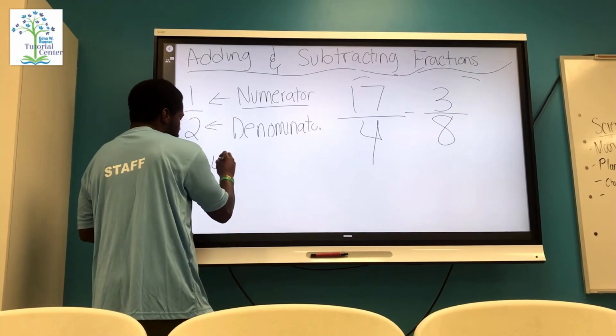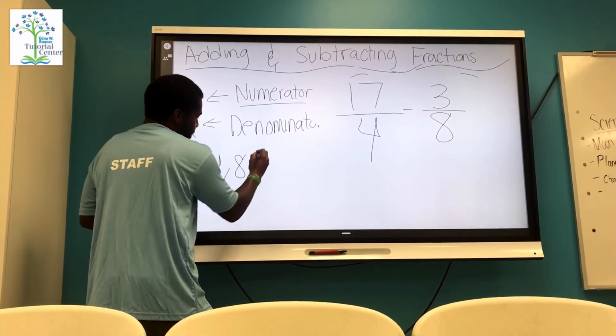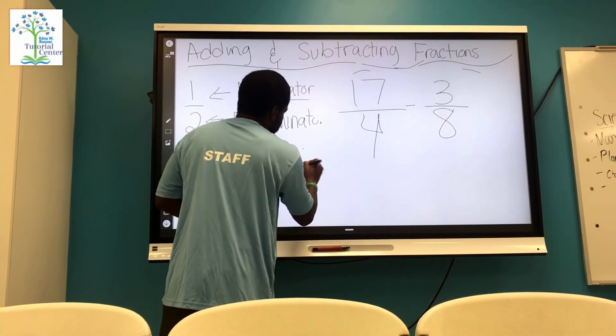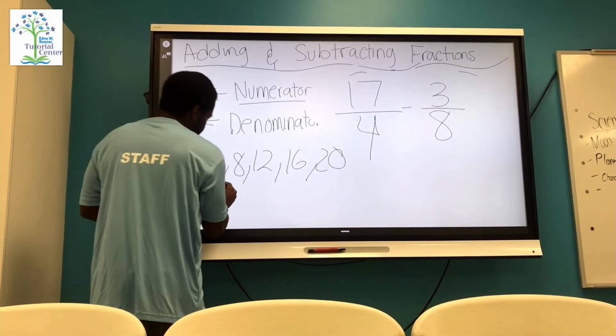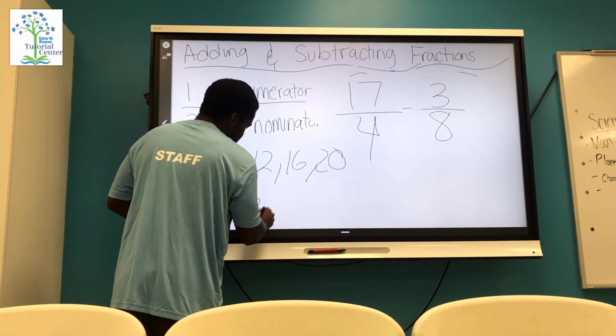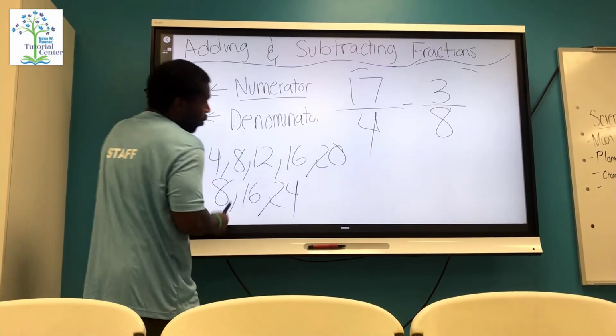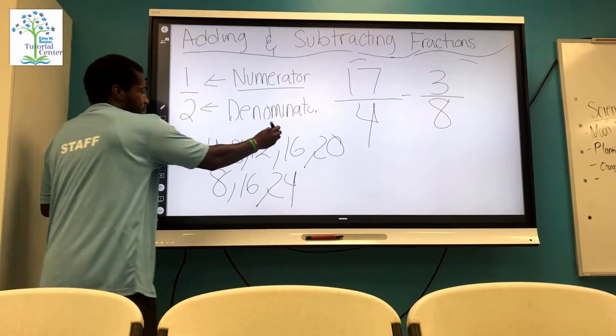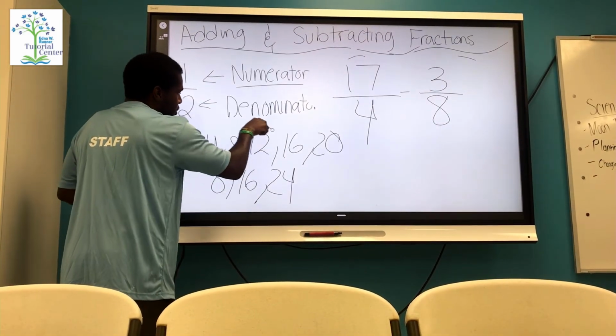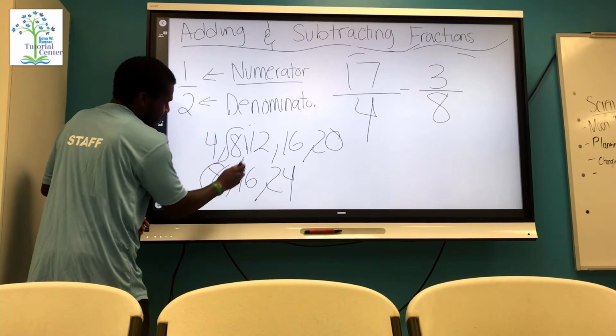So I need to find the multiples of 4: 4, 8, 12, 16, 20, we can stop there. I need to find my multiples of 8: 8, 16, 24. The first number that both of these have in common is 8.